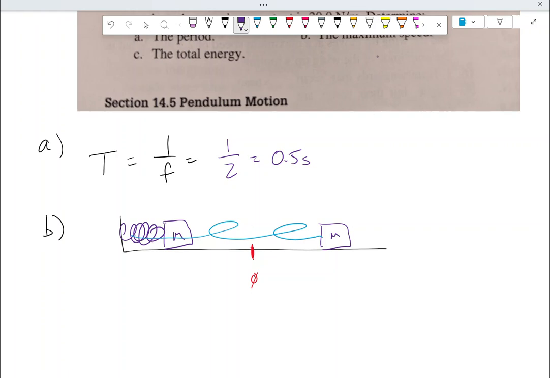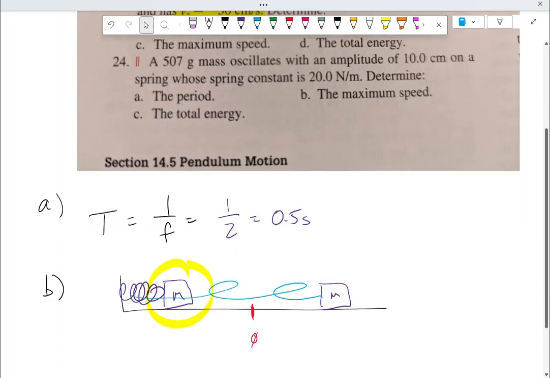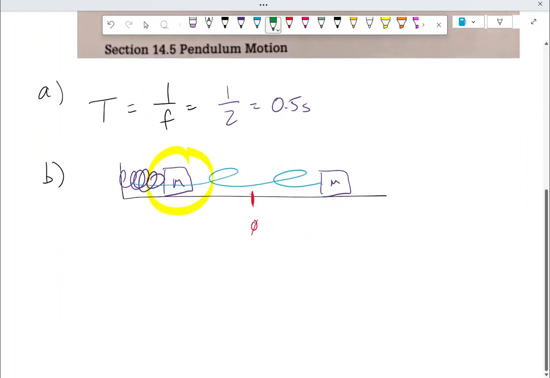Let's pick just this random moment right here. Actually, we'll do here because they said it's negative. At this random moment it's moving, so it hasn't gone completely to the left just yet, but it still has kinetic energy at this moment.